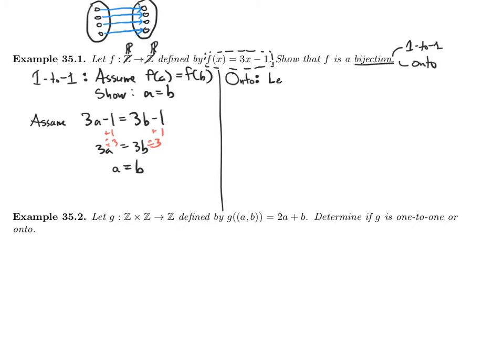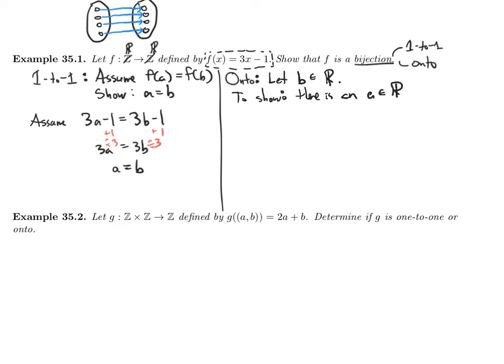So let's let b be an element of our codomain. Then we need to show that there is an a in our domain, even though these are the same set. It's just because the domain and codomain are the same set.